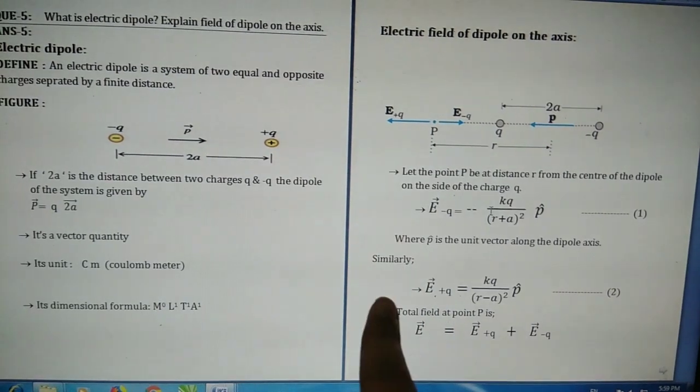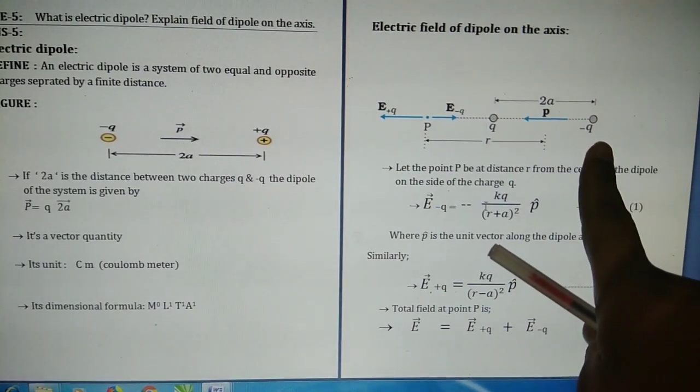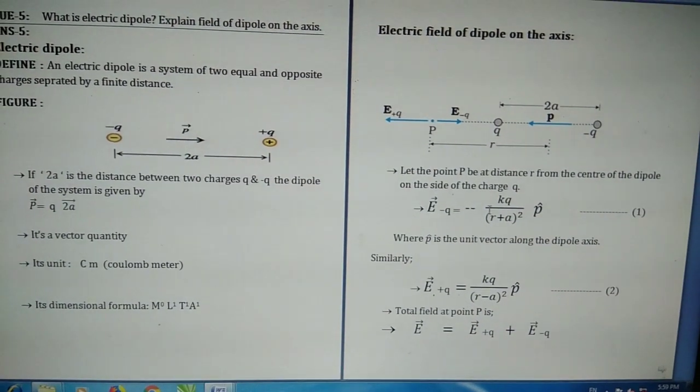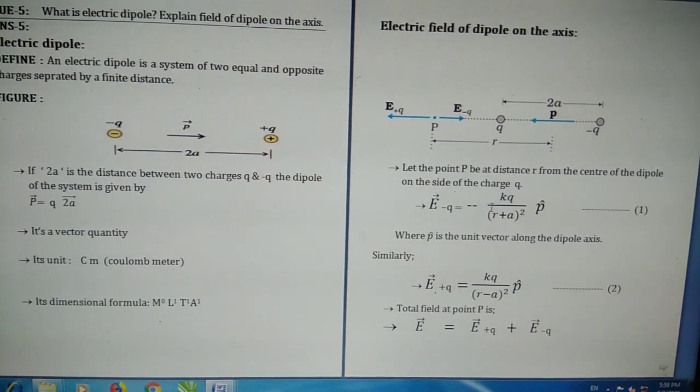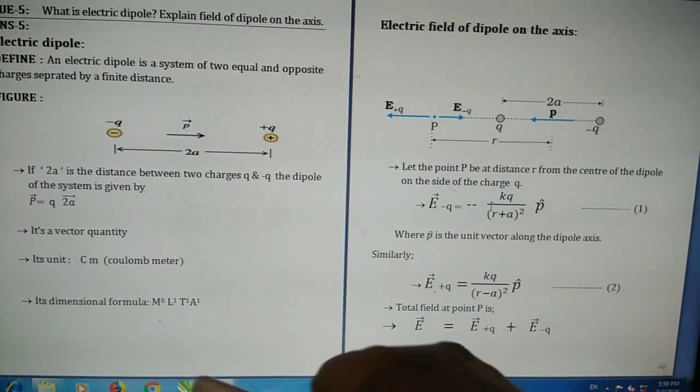Now let's find the electric field at point P due to the minus q charge. We know the electric field formula is E equals kq upon r square, the square of the distance between them.